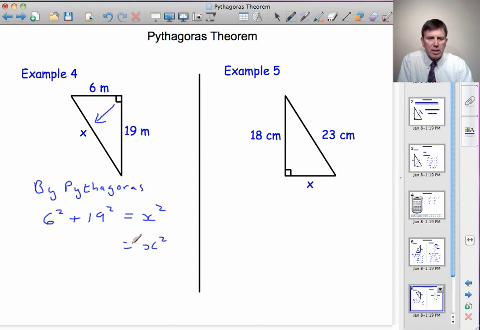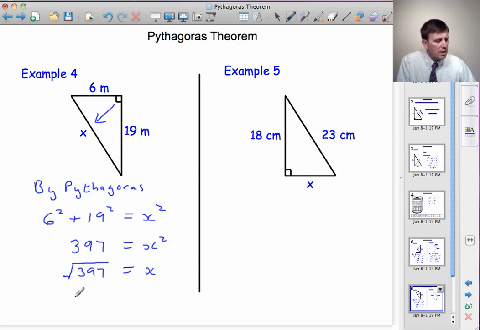So let's have in the calculator 6 squared plus 19 squared equals 397. So x is the square root of 397.